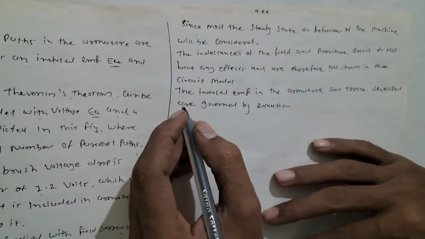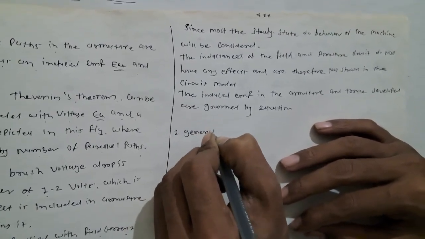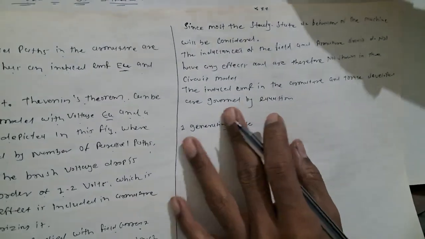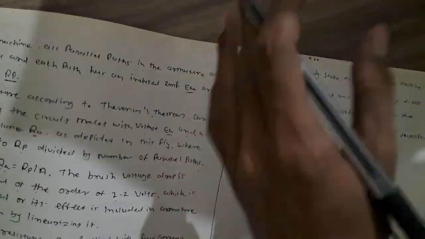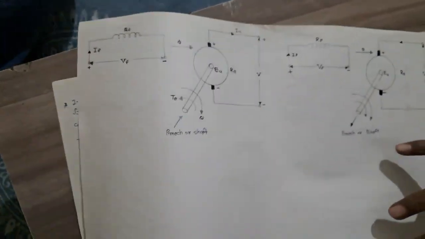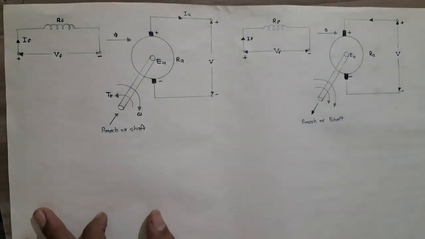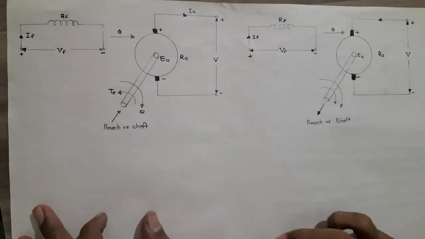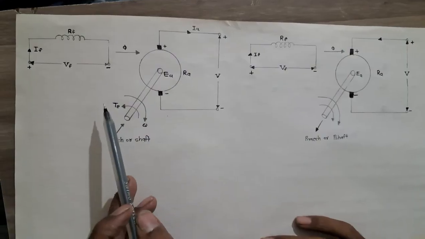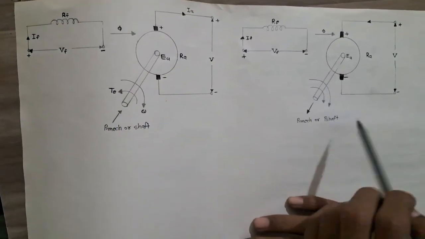So generating mode first. This is for generating mode, and this is motoring mode.